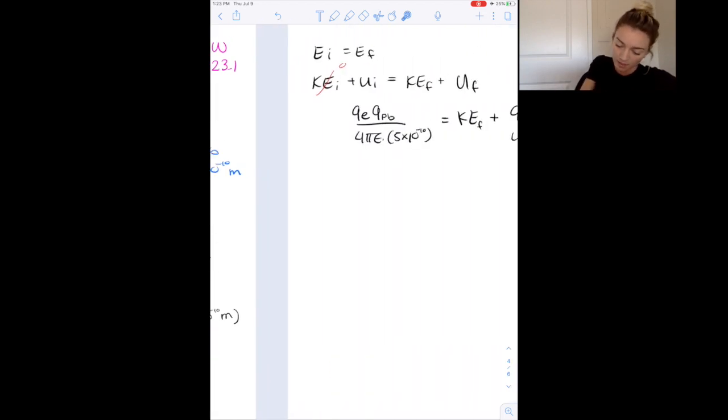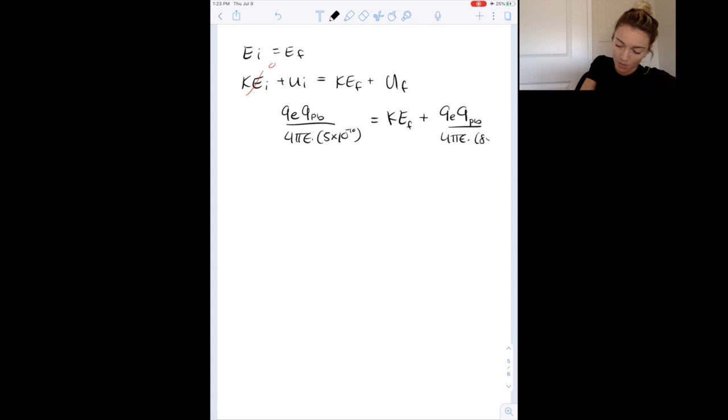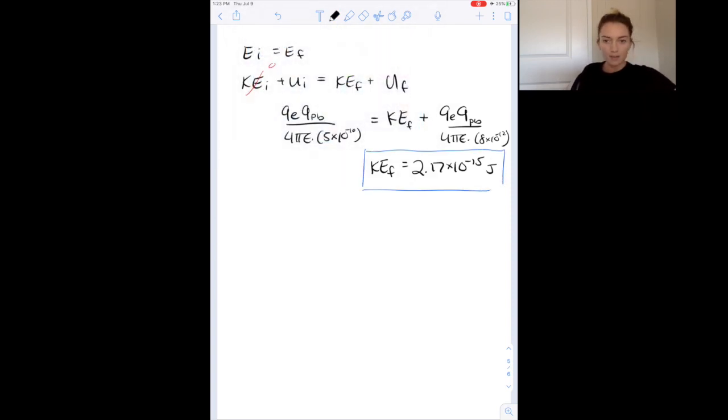So we just plug in 8 times 10 to the negative 12 there. Solve for KE, so just plug those numbers into your calculator and find the final kinetic energy. So you will get 2.7 times 10 to the negative 15 joules. Okay, so that's its final kinetic energy. That's what we would expect if we release it from rest.